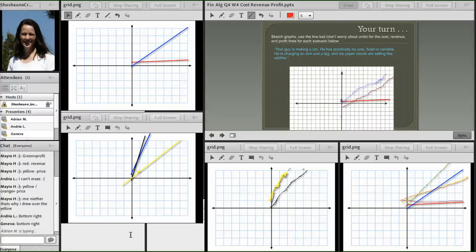Oh, and stuff just totally disappears on things, huh? That's a little bit annoying.